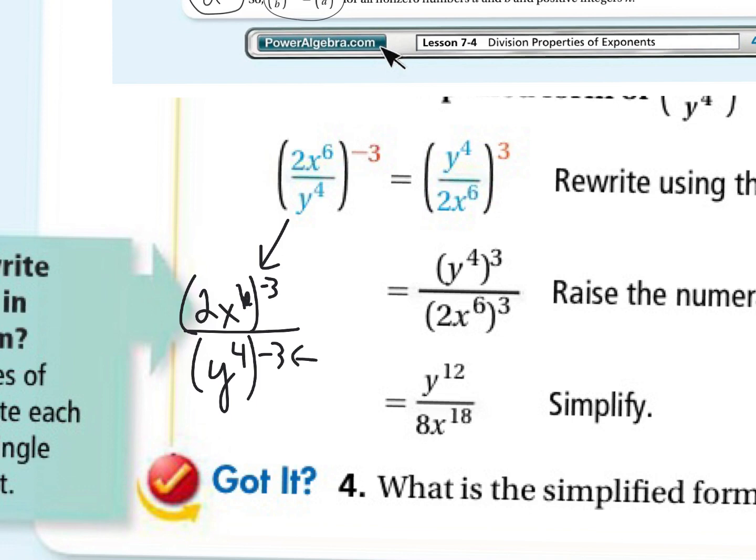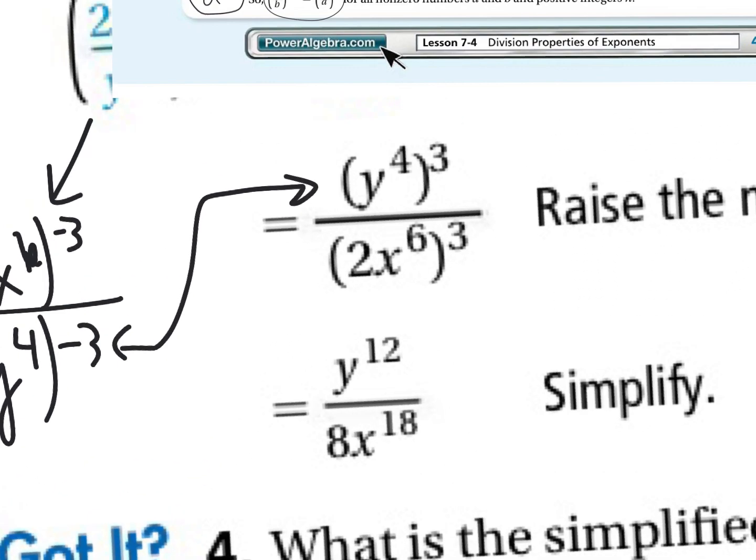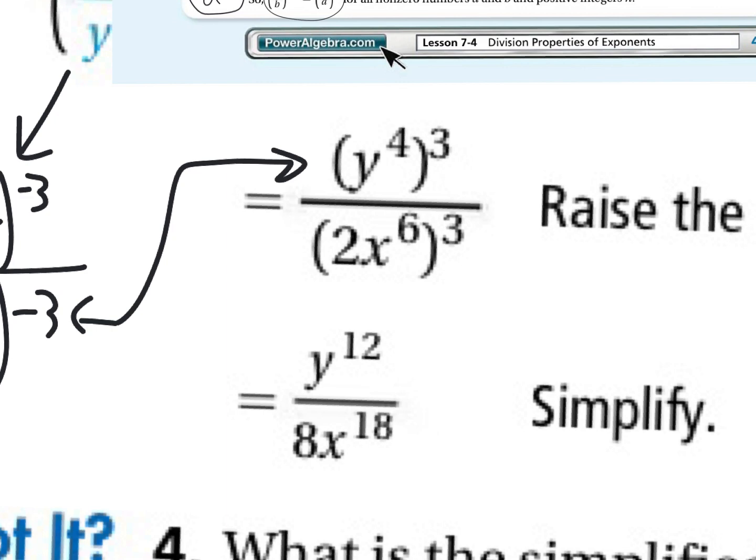The denominator moves to the numerator to make that a positive 3 exponent. And now we can just use our rules we've talked about. So y to the 4th cubed, we would do 4 times 3 is 12. In the denominator, this would be like 2 cubed times x to the 6th cubed. 2 cubed is 8, and then x to the 6th cubed, 6 times 3 is 18. And there's nothing more we can do with it at that point.